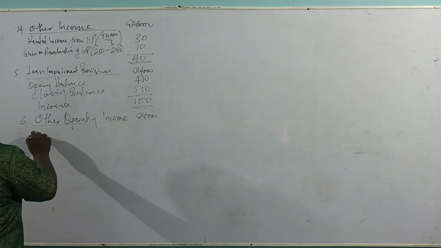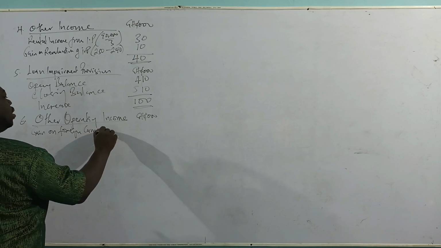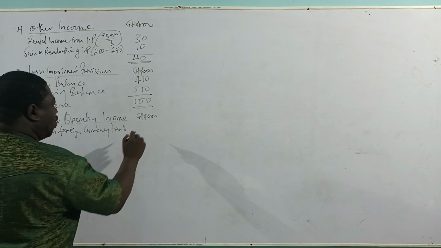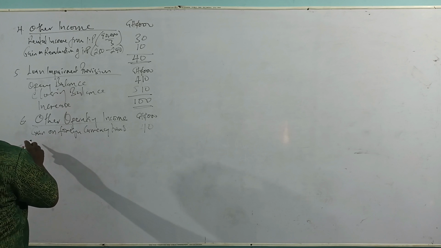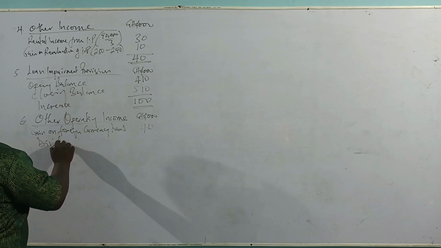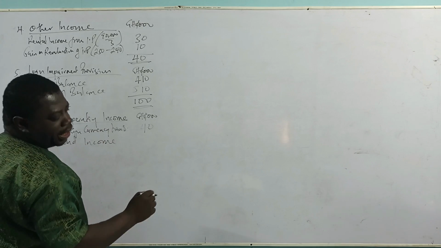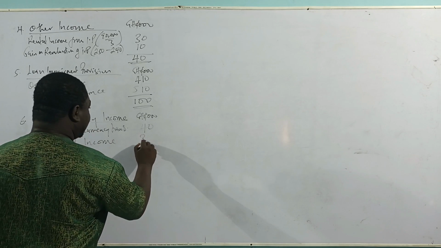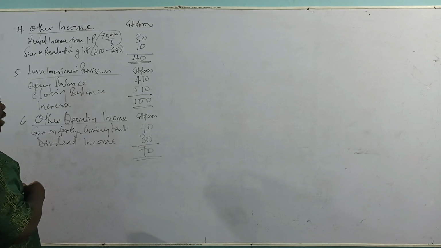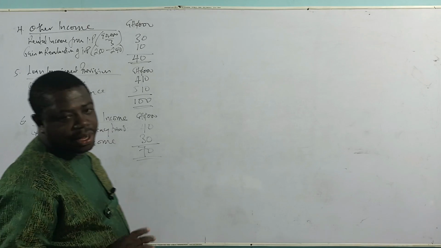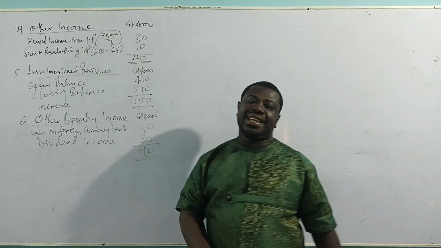The first one is gain on foreign currency transactions, and that one is 40 according to the question. And then we also have dividend income, and the dividend income per the trial balance is 30. So when we add, we have 70 in total for other operating income. I'm sure this is very understandable. So we'll take other operating income and then we'll take other income.